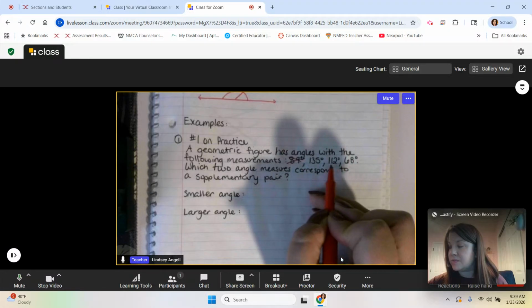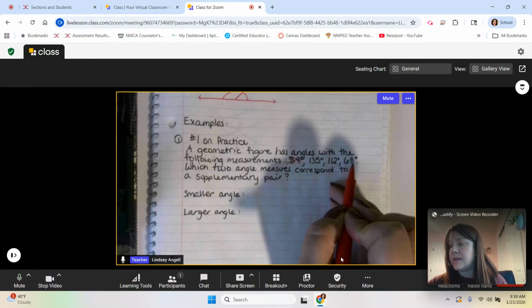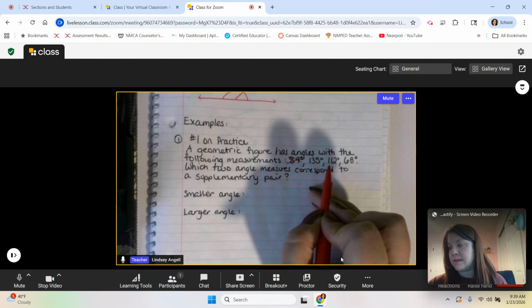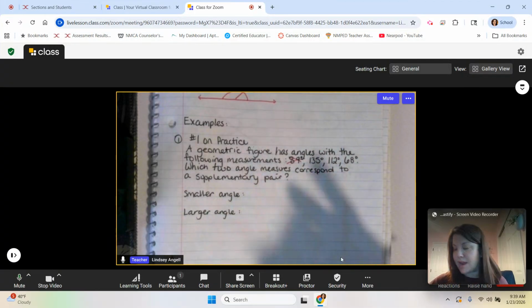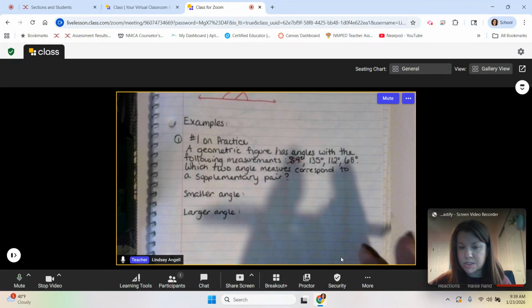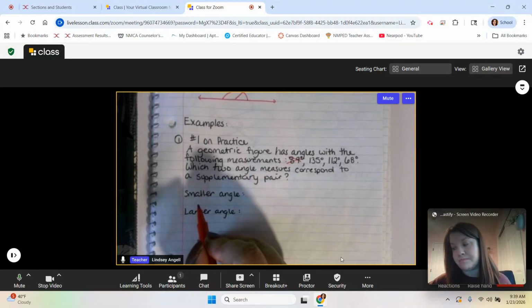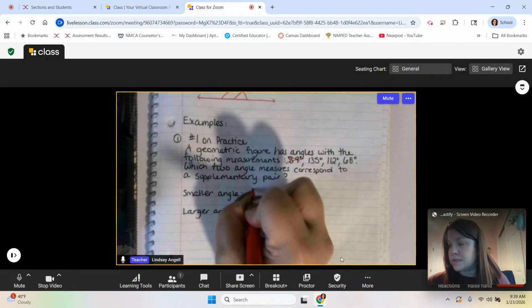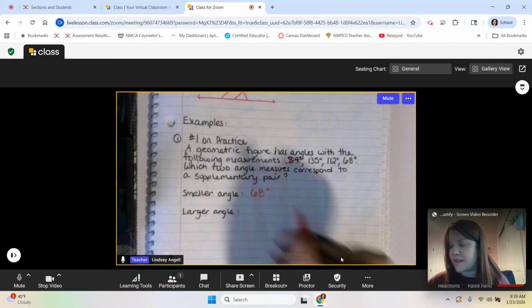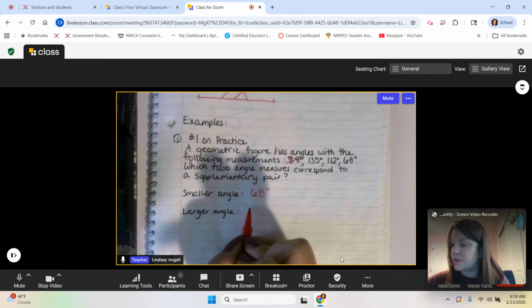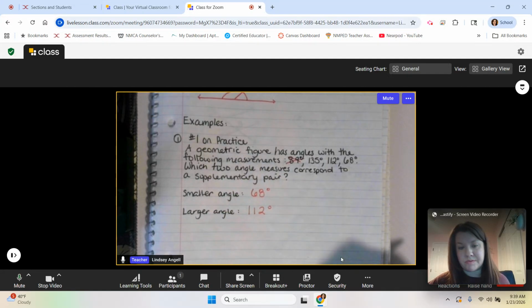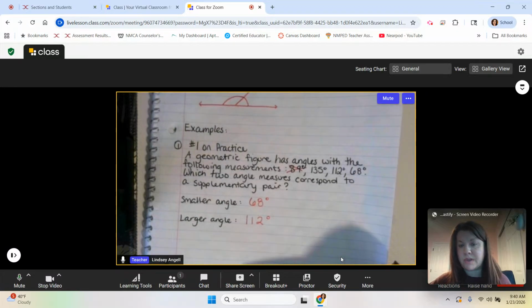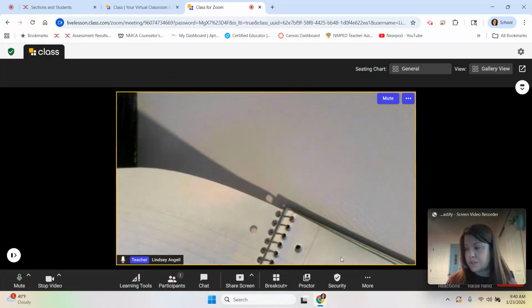But if we look at 112 plus 68, 2 plus 8 is 10, 60 plus another 10 is 70, plus another 10 is 80, plus 100, 180, right? Or you could use a calculator. The problem asks you to list the smaller angle, then the larger angle. So you'd put 68 degrees and 112 degrees. And that's it. Just figuring out which ones add up to 180 degrees.